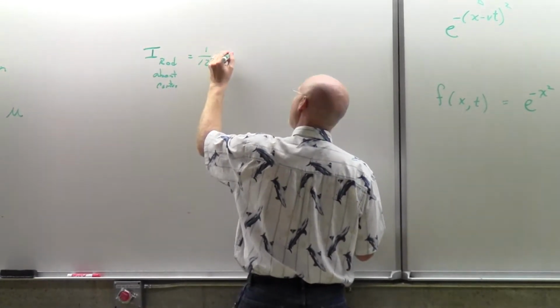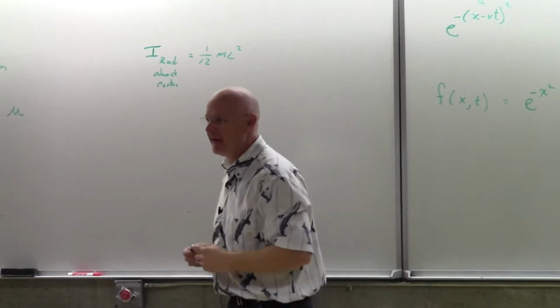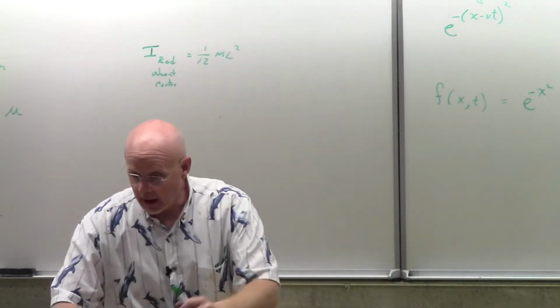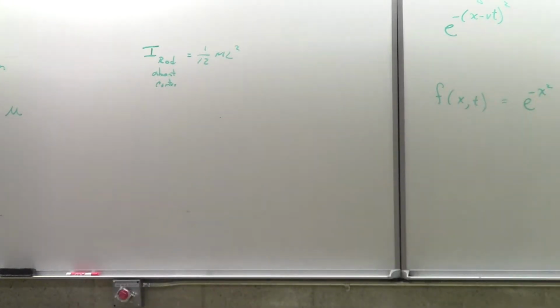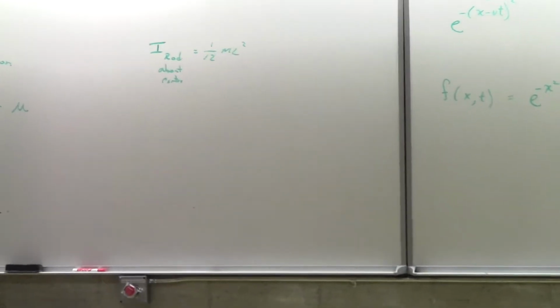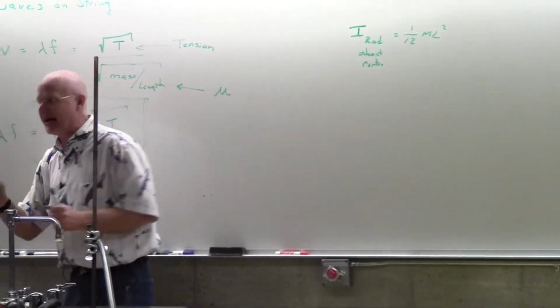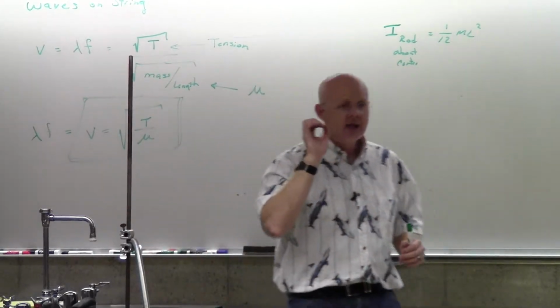Good. 1/12 ml squared. Right? So I'm not after so much the formula, but you are seeing that these have more inertia. These are harder to rotate. And the fact that they are harder to rotate means that this number in the denominator is bigger, which means their velocity is going to be smaller.